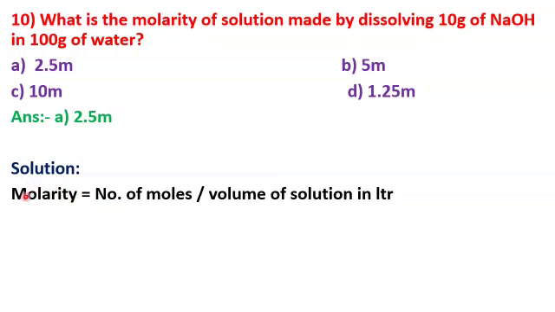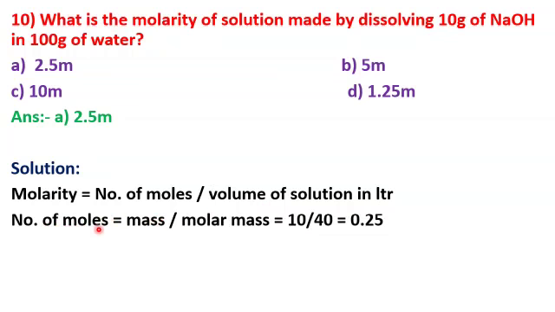Molarity is equal to the number of moles of the substance divided by the volume of the solution in liters. For that, you have to calculate the number of moles of NaOH as well as the volume of the solution in liters. The number of moles of NaOH is mass divided by molar mass. Mass of NaOH is 10 gram.